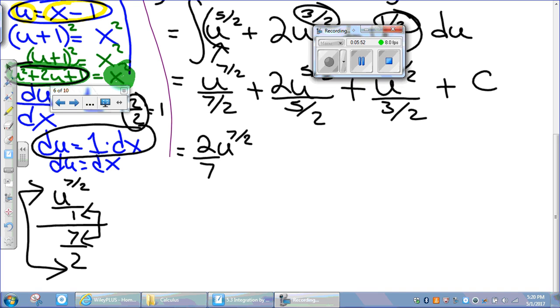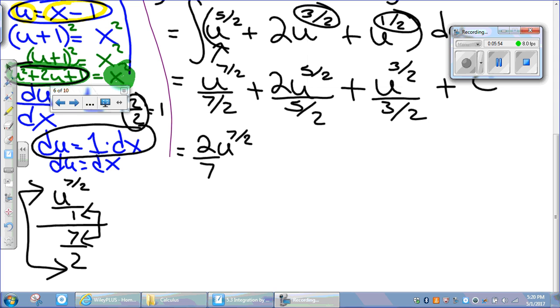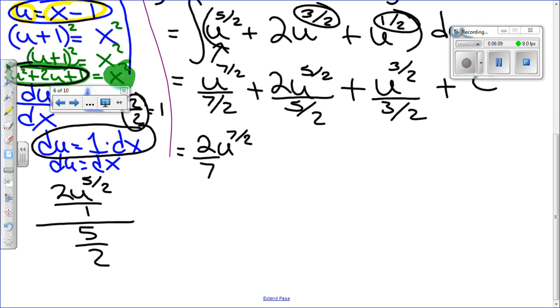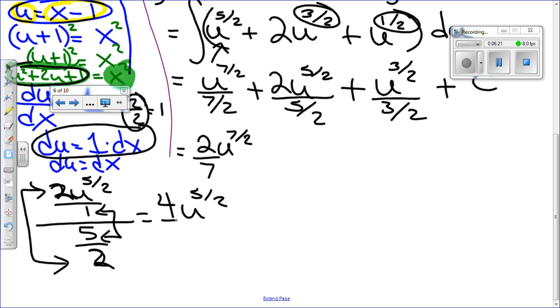The next fraction, I'm going to do the scratch work on the side. We have 2u to the 5/2 over 1, and we're dividing that by 5/2. If we use the steps for the sandwich rule, we will have 4, remember 2 times 2, so 4u to the power 5/2, and then 1 times 5, so that will be over 5.